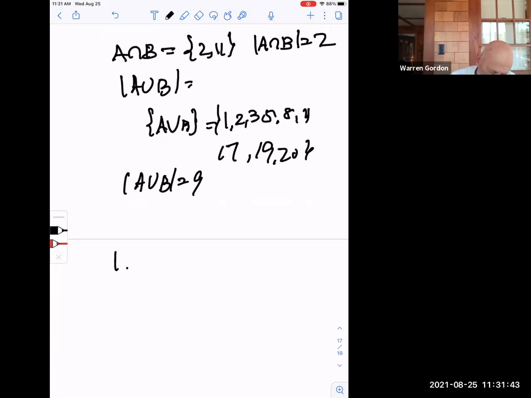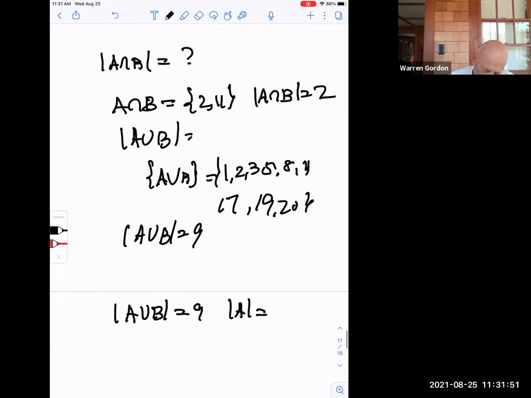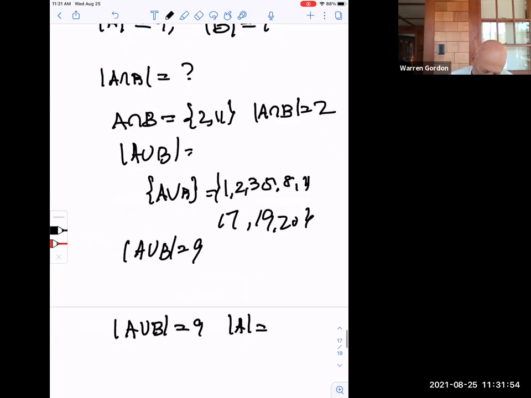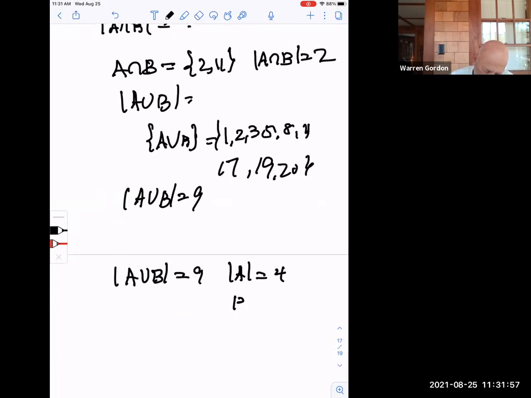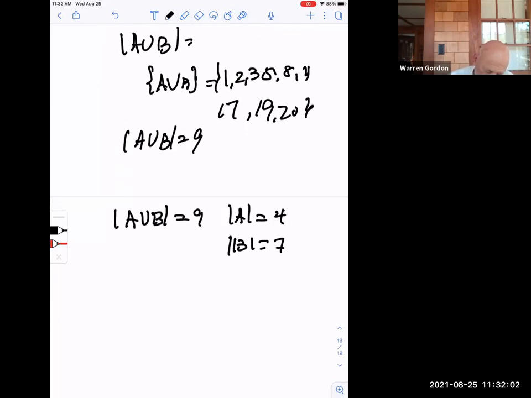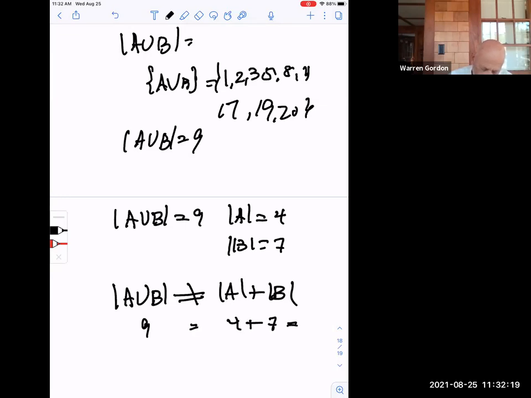I want you to observe in this problem that the number of elements in A union B is 9, the number of elements in A was 4, and B was 7. So observe the following is not true. Because we saw this is 9, and this is 4 plus 7, which is 11. So clearly that isn't true.